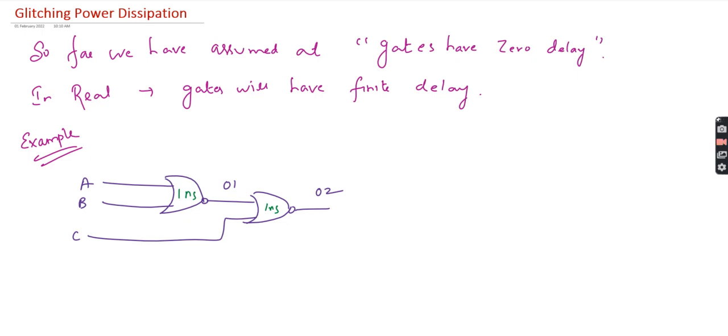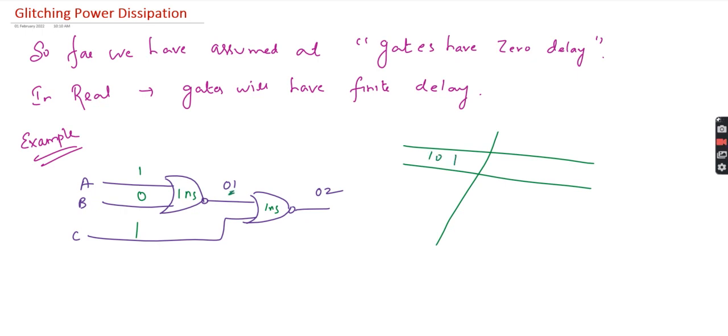But you can see I'm going to apply the input 1, 0, 1. First A, B will be computed, and after 1 nanosecond delay we get the O1 output.